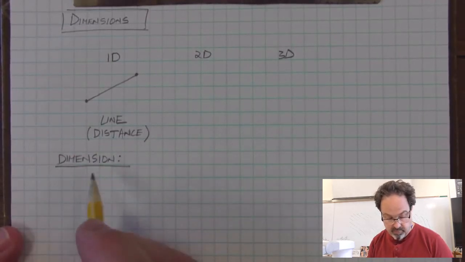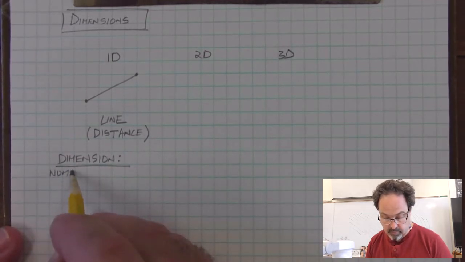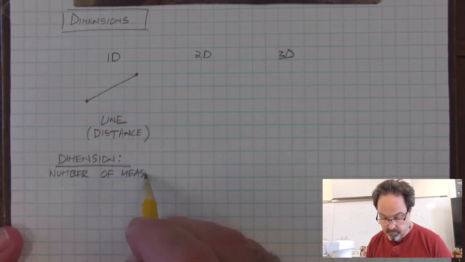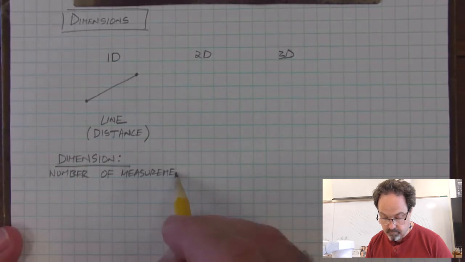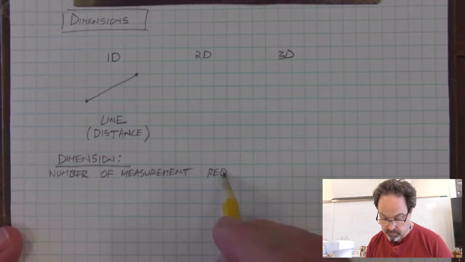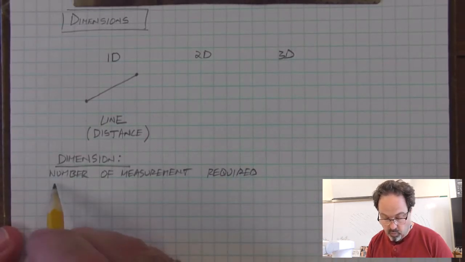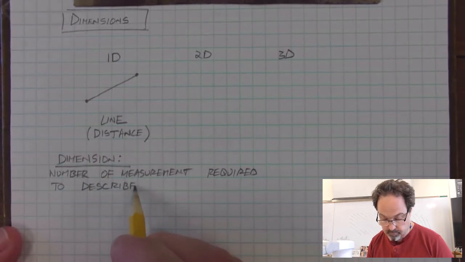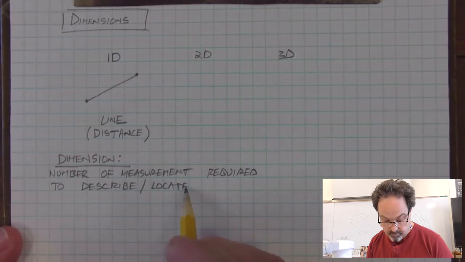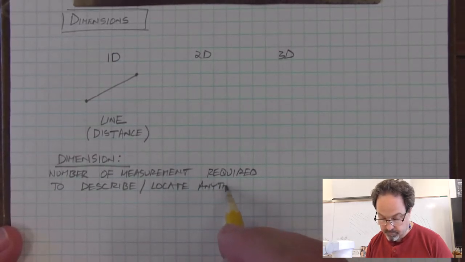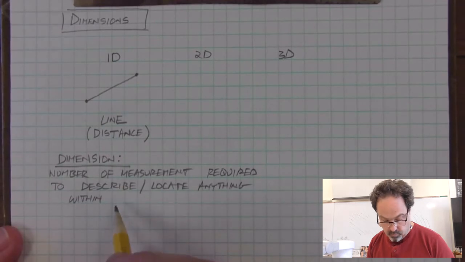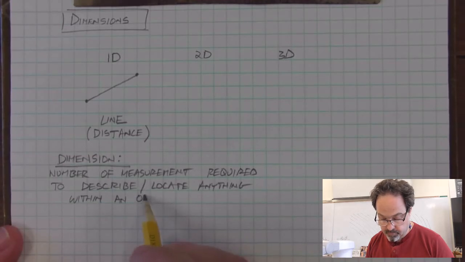The dimension of an object is the number of measurements required to describe or locate anything within it or within an object.